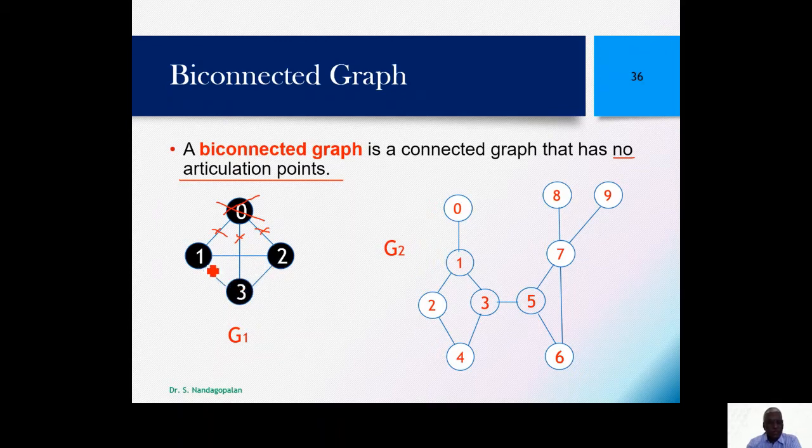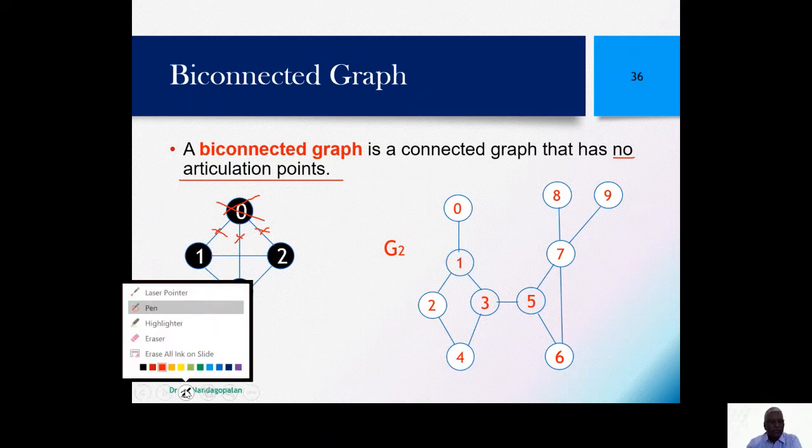Now, if you take 2 and delete it, still there is only one. Even if you take any vertex here, 1 and 3, the same thing is true. That means I'm not getting more than one connected component, which means this graph doesn't have any articulation point.